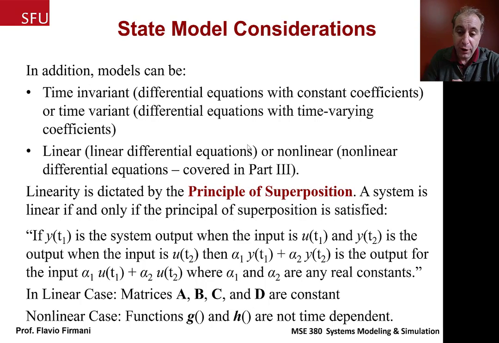Well, we have convection of how the heat of the coffee is being transferred to the ambient, but wind can change, and that h coefficient can change, and we can have linear coefficients, or we can have nonlinear coefficients, and this is something that we're going to cover in part 3.